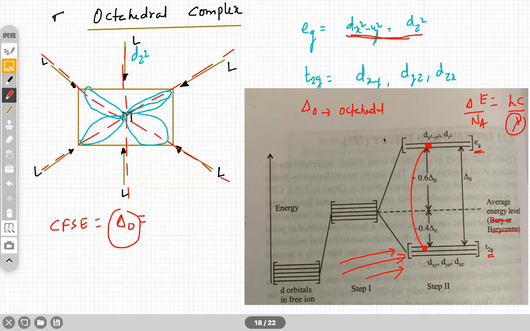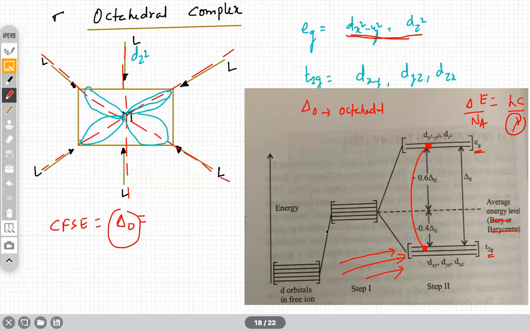What does that exchange energy and all signify? So that's CFSE. CFSE formula is what? Minus 0.4 times X plus 0.6 times Y, multiplied by delta O, right? X and Y are the number of electrons. So with different values of X and Y, you'll get different values of CFSE. Correct?